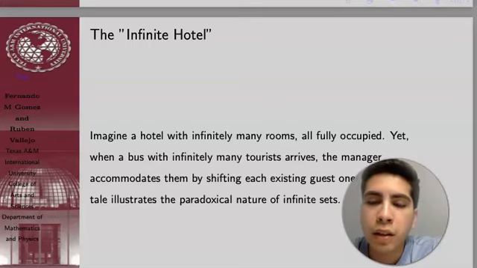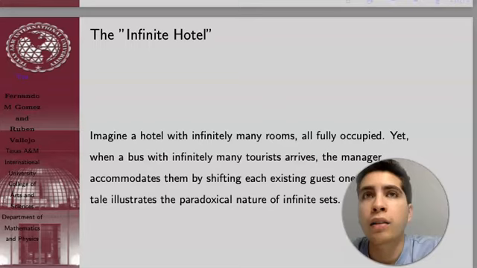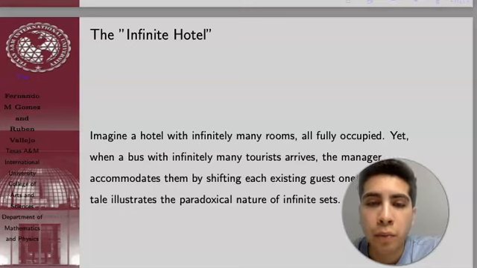Using the same definition of n per guest room number, in this case, 2 times n would allow each even room number to be disoccupied for the new guests. So in the case of the guests living at room 4, they would go to room 8. And so now room 4 is available, and whoever is in room 8, times 2 is 16, would move to room 16, and so on.